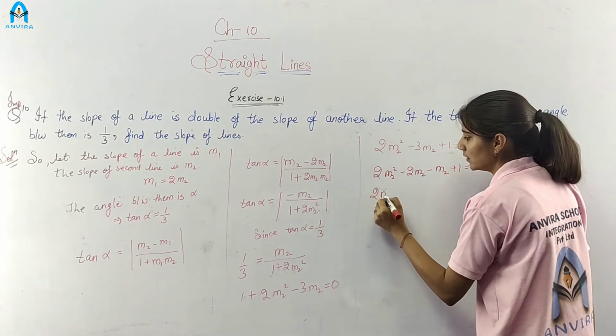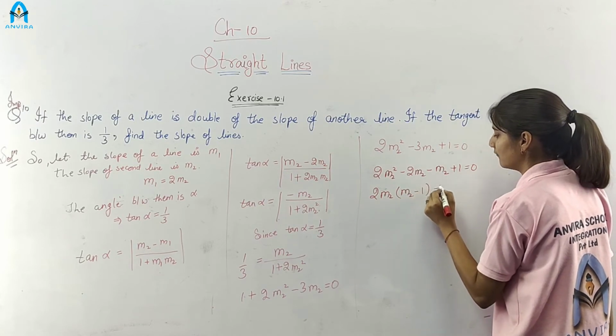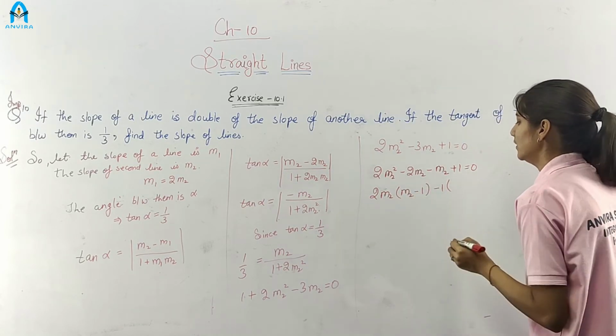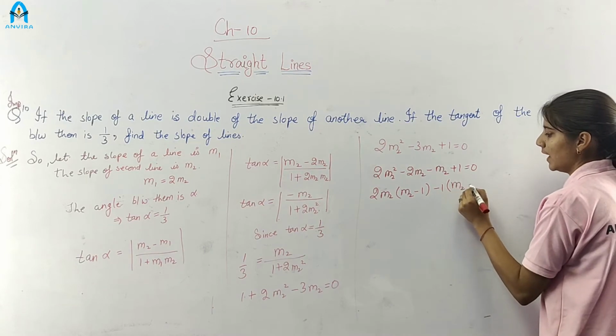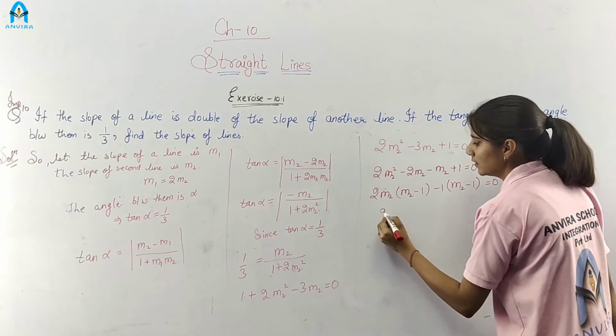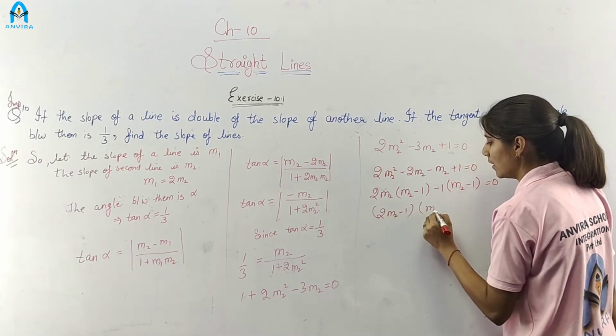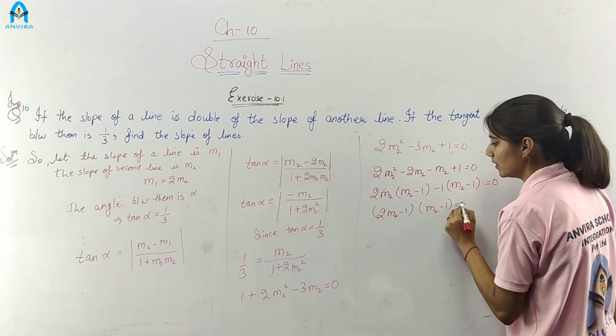From here, taking 2m2 common I get m2 minus 1, and from here minus 1 (m2 minus 1) is equal to 0. So either 2m2 minus 1 is equal to 0 or m2 minus 1 is equal to 0.